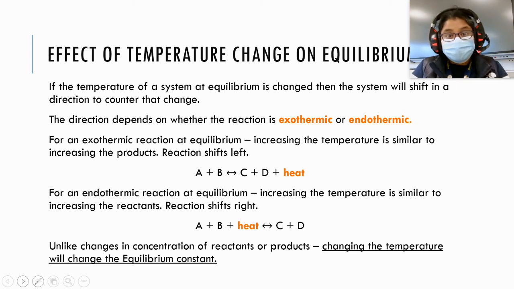If you heat the reaction that needs more heat, like it likes it, it's endothermic, then it's going to shift forward towards the products. So you want to heat endothermic reactions and you want to cool down exothermic reactions in order to get more products.